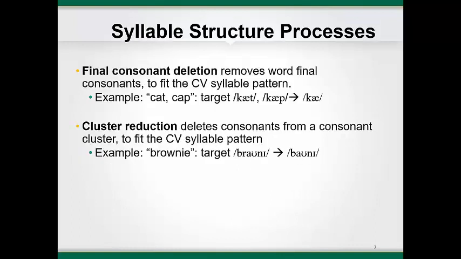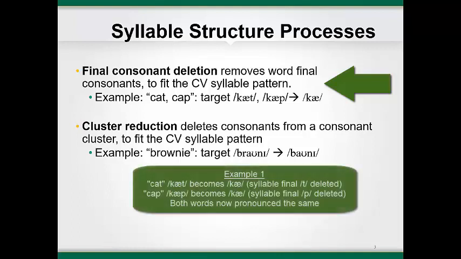The first two syllable structure processes we will examine are final consonant deletion and cluster reduction. In final consonant deletion, a consonant is removed from the coda of the syllable in order to make it better fit the CV syllable pattern that I discussed in the previous slide. For example, if you applied the process of final consonant deletion to the word cat, transcribed k-a-t, the t would be removed from the syllable coda and the word would be pronounced ka.